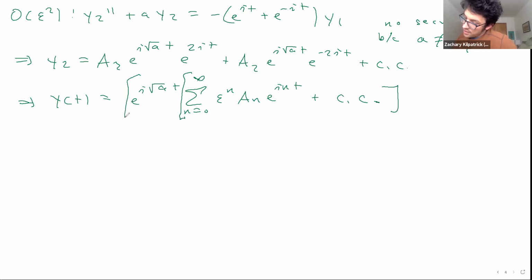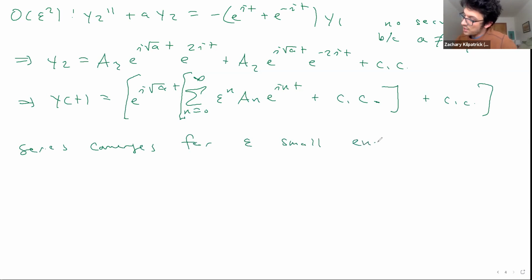And then this plus complex conjugates. So the series converges for epsilon small enough. Therefore, y is going to be stable in this case.